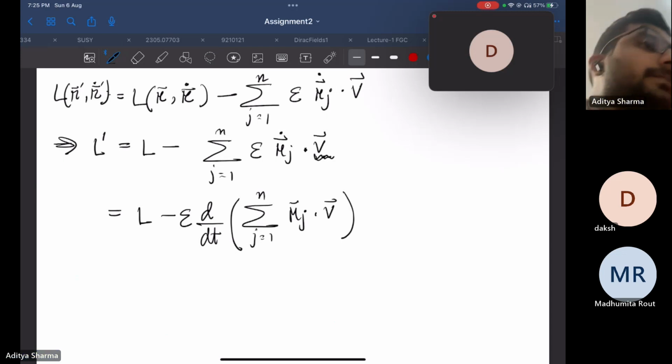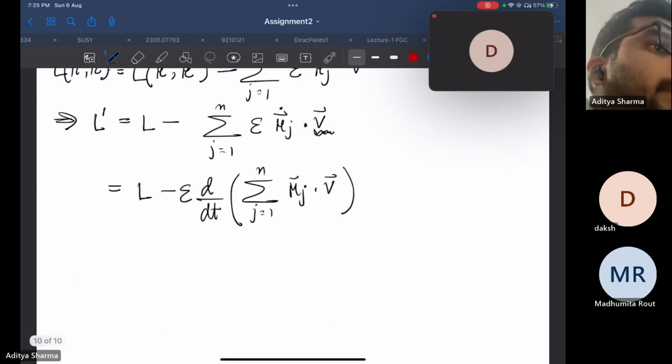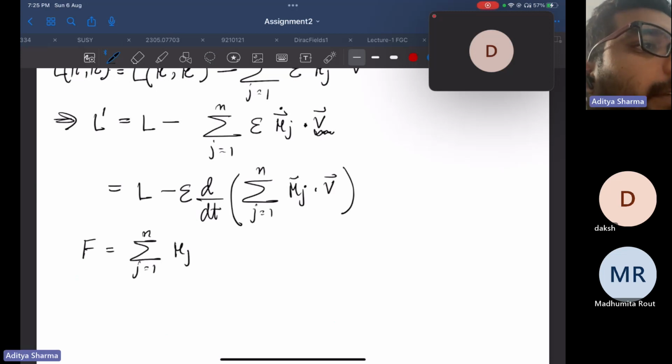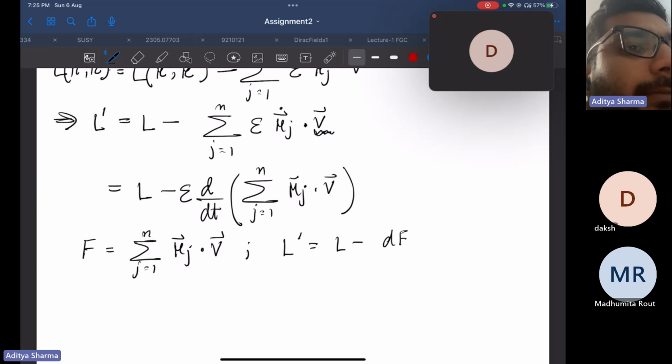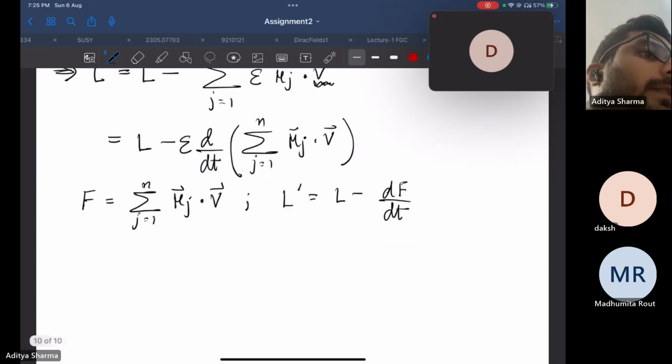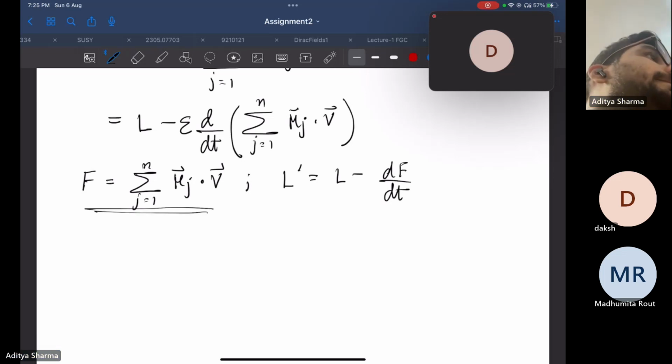Therefore, there exists a function f, the sum over j from 1 to n of r_j dot v, for which the Lagrangian changes as L minus df/dt.